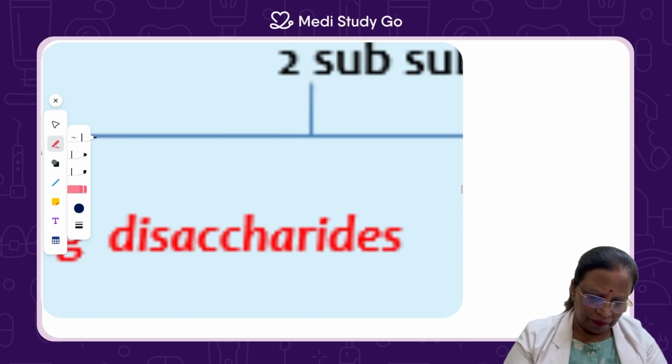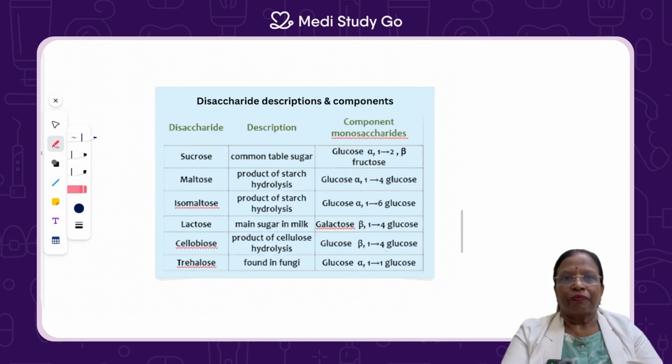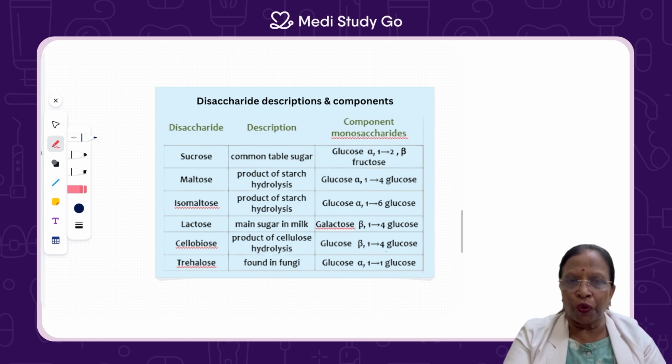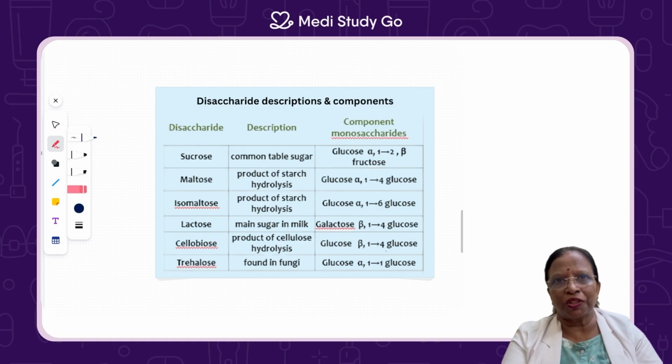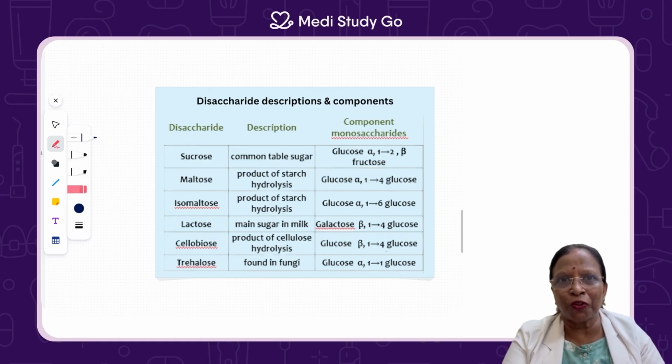Here is a table which gives you all the disaccharides that are of physiological importance. You have sucrose. Sucrose is made up of glucose and fructose, and the link is 1 to 2. So 1 is the anomeric carbon of glucose, 2 is the anomeric carbon of fructose. Therefore, sucrose is a non-reducing sugar.